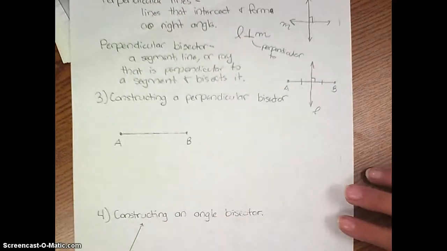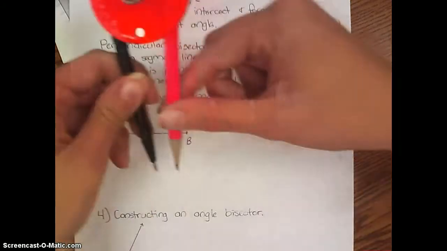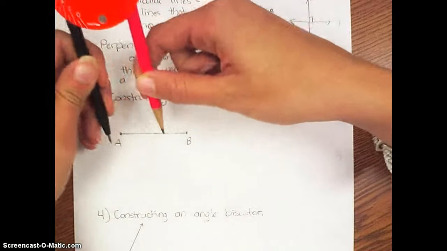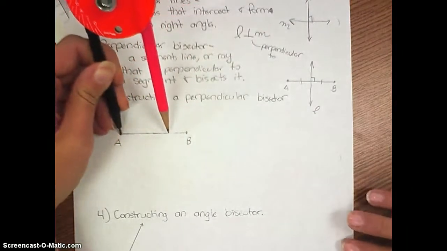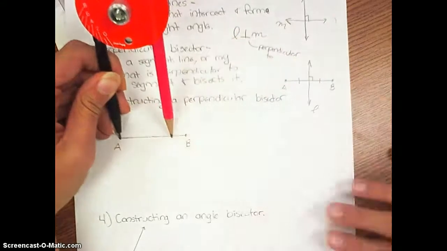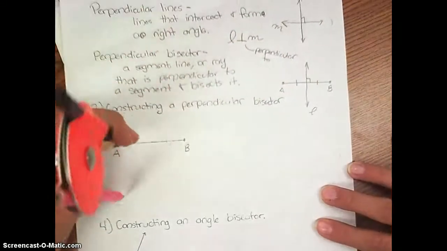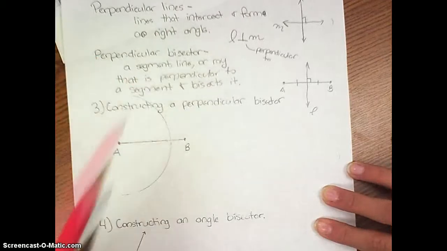This one is my favorite. So if you're constructing a perpendicular bisector, you're going to take your compass and stretch it out until you know it's at least halfway through AB. So I want it to be greater than that halfway distance. And then you're going to create almost a semicircle. Come down to the bottom and make a big arc on that side.